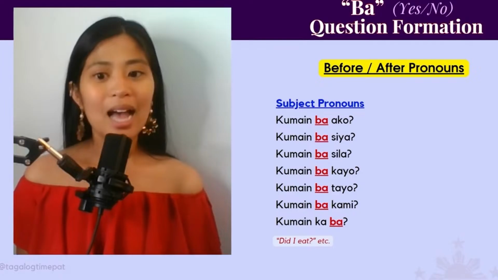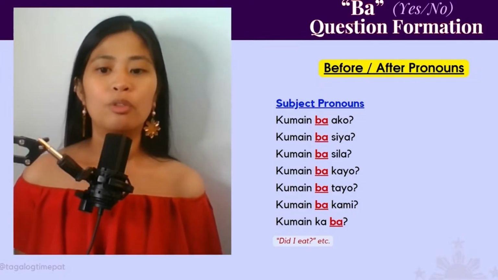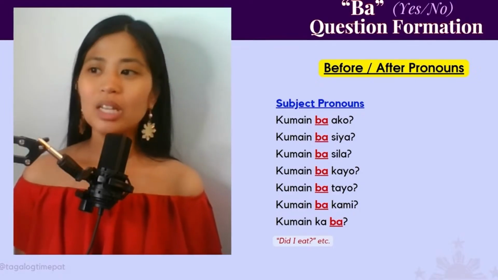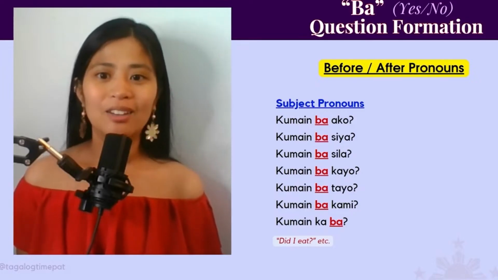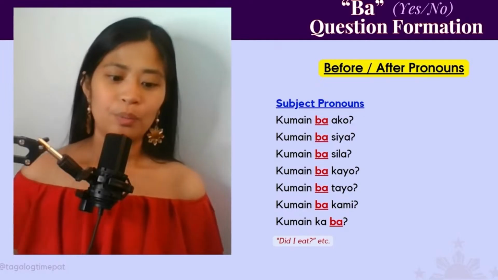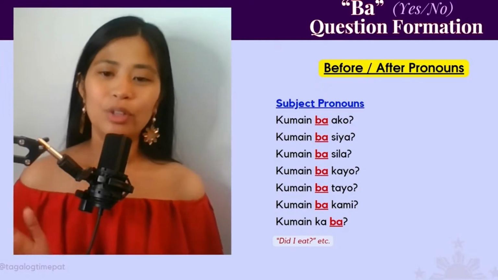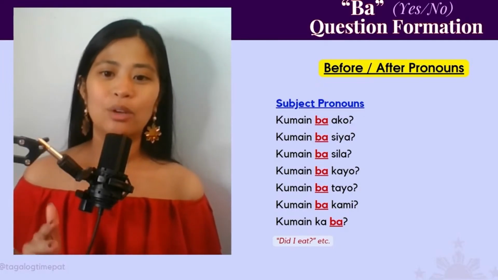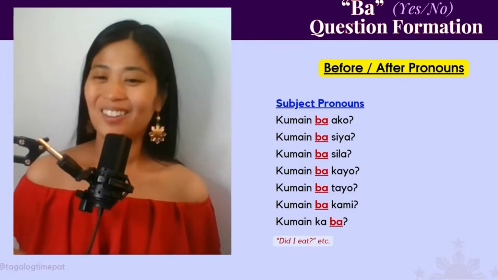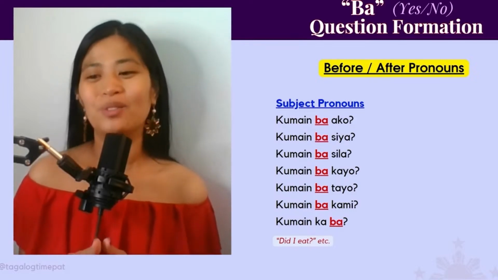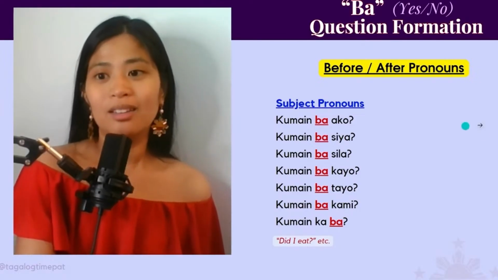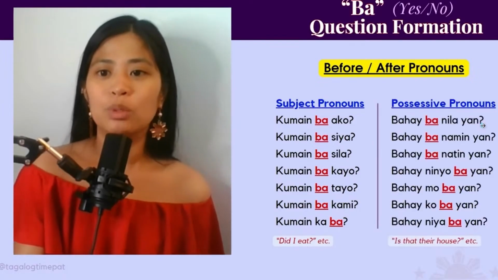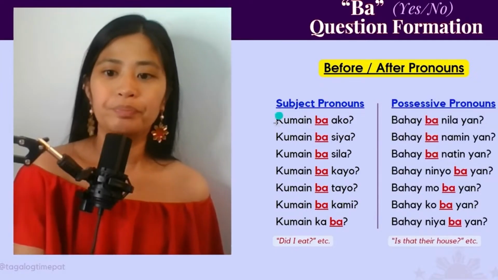Why is it ka has to go before the ba? It's just one of those things that has been a pattern in the Tagalog language. So just take note of that. Again, if you mix it up, if you happen to say kumain ba ka, that's not correct, but someone will correct you, hopefully. So don't be scared of making the mistake. Just know that there are certain times when ba goes before or after.